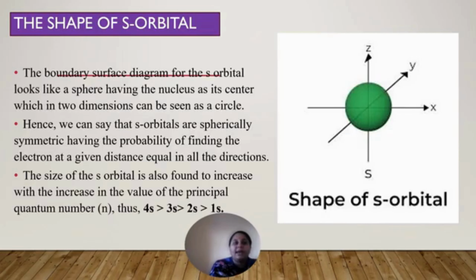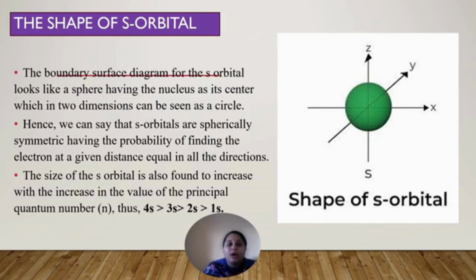See, the shape of the s orbital. It is spherical. It consists of x, y, z axes, and the boundary surface diagram is given in this way. It is a 2-dimensional figure. These s orbitals are spherical, and the probability of finding the electron is equal at all distances.